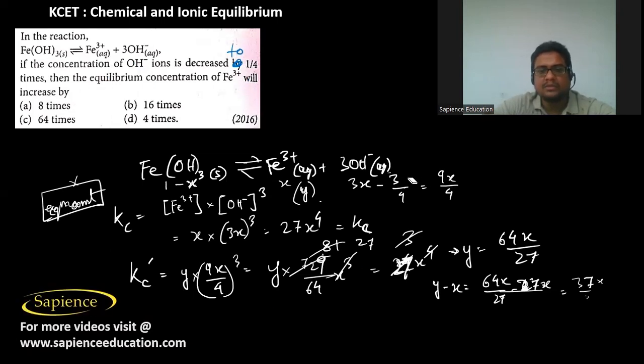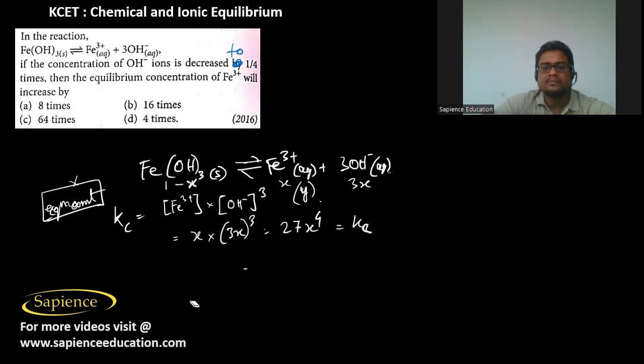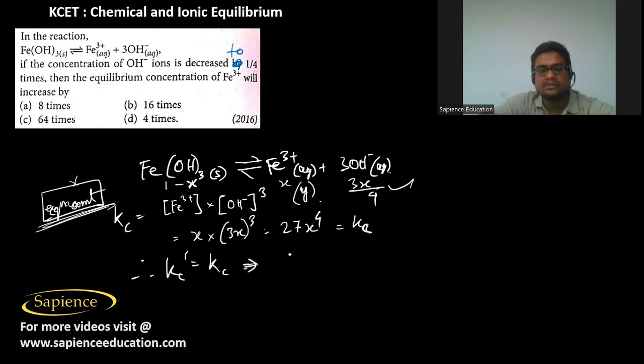It means the new value of hydroxide ion, this part is wrong, the new value of hydroxide ion is 3x by 4. So therefore, the new value of Kc will be equal to the old value of Kc only, since the equilibrium constant can't change.